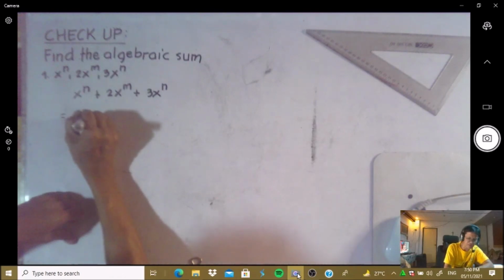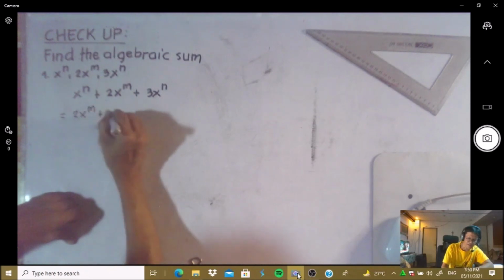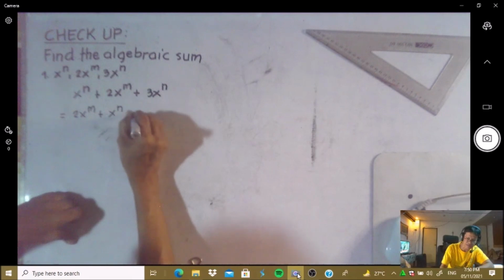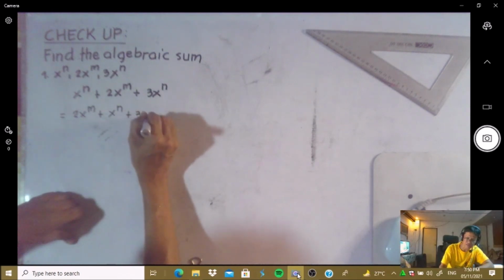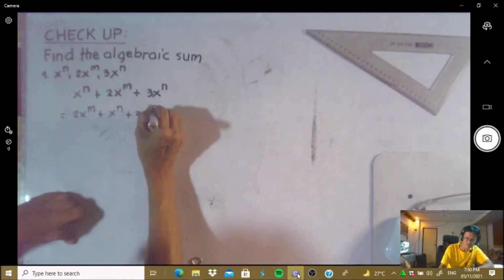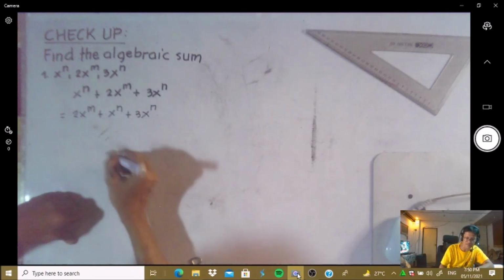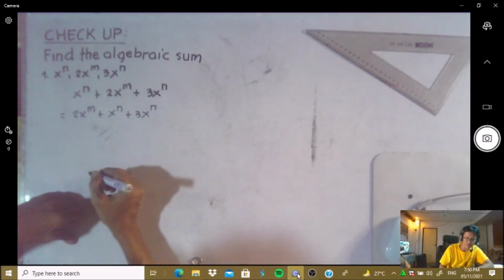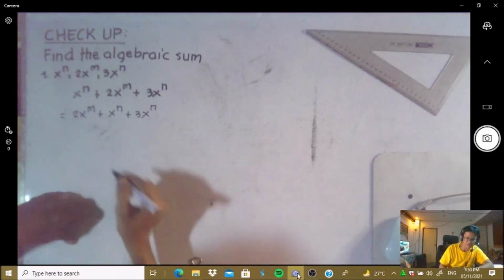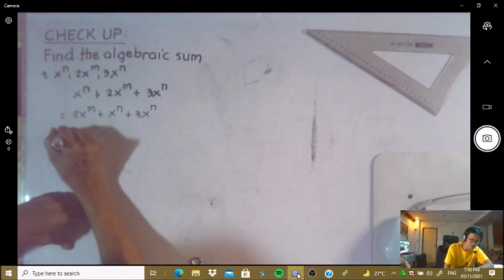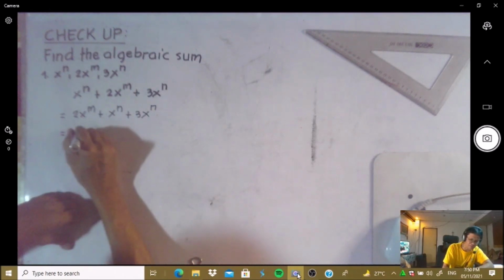2x raised to m plus x raised to n plus 3x raised to n. Okay, now we can only combine the second and the third term because our exponent for the first term is m, and therefore we need to copy 2x raised to m.